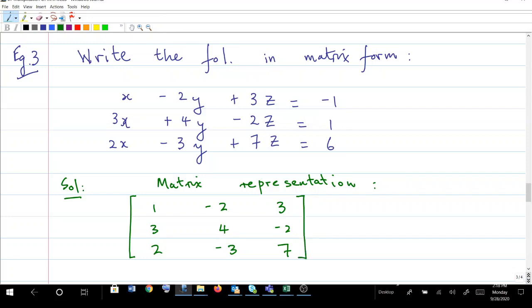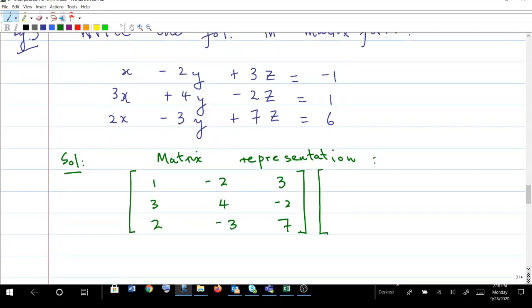Right? And then we multiply that by the column matrix, which comprises of the variables x, y, and z. That's equal to, it has to equal to the constants that are in the right hand side. So the matrix of constants, that's -1, 1, 6.